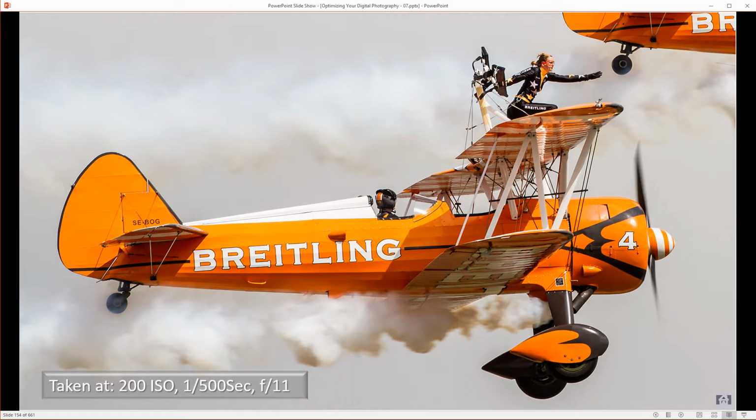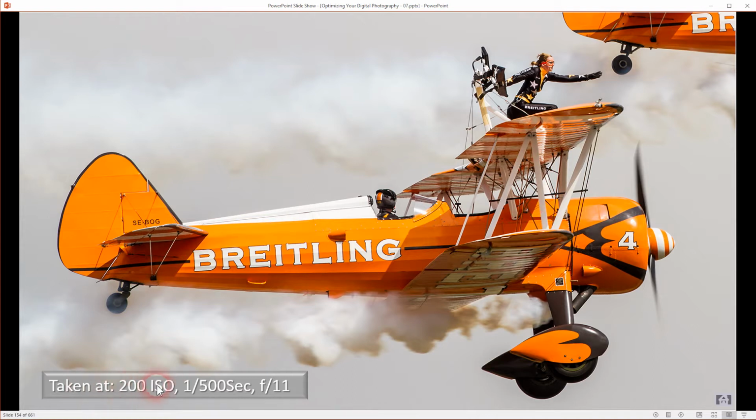So for this sort of image, although it's a sort of action shot, I needed a reasonably slow shutter speed, 1/500th of a second, in order to get the propellers still moving and some of the other bits and pieces. But I was reasonably confident I could keep the aeroplane reasonably sharp by panning.